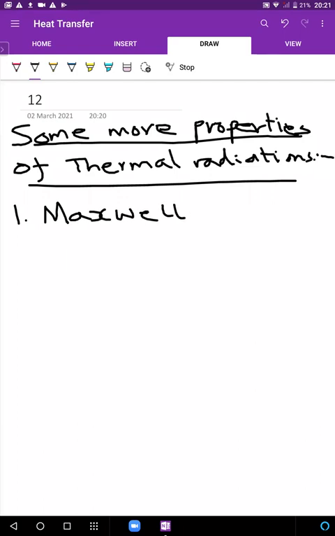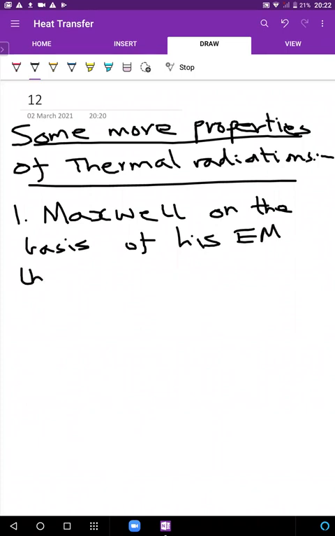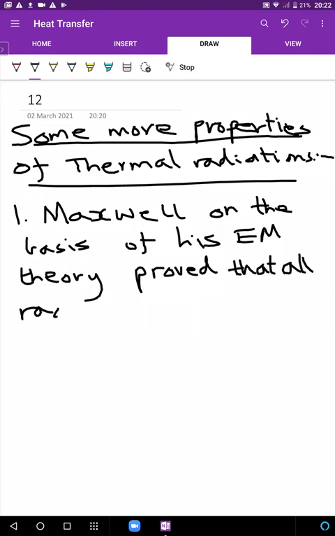Maxwell, on the basis of his electromagnetic theory, proved that all radiations are electromagnetic waves.